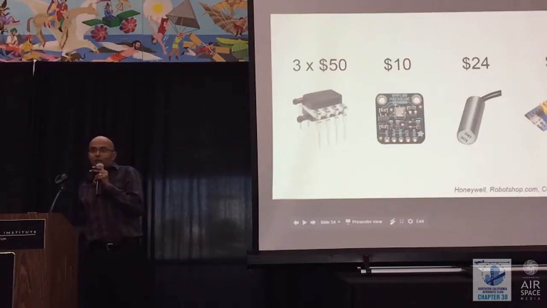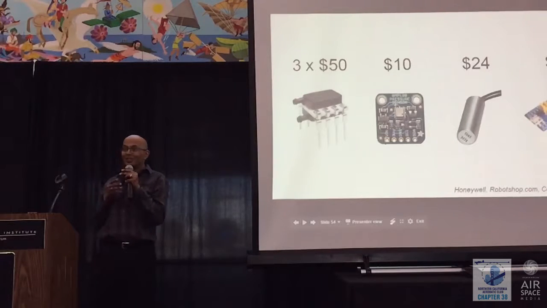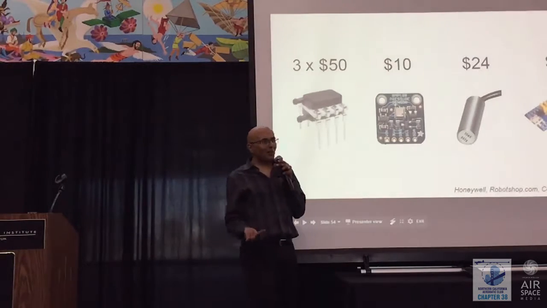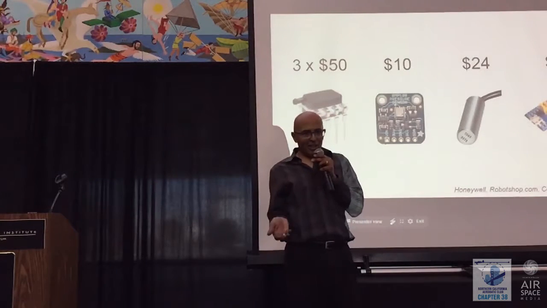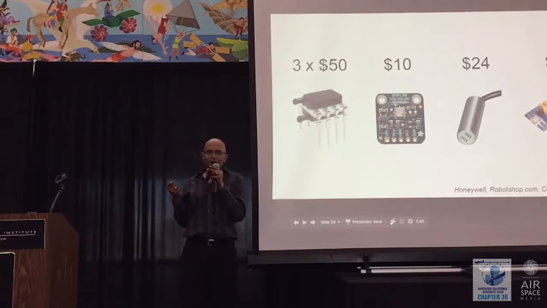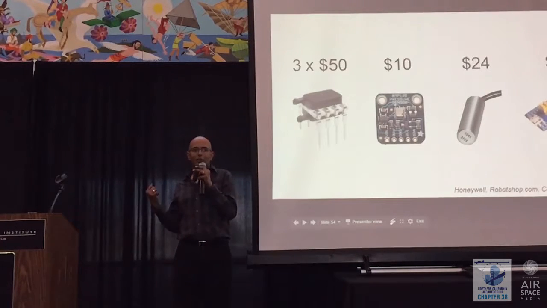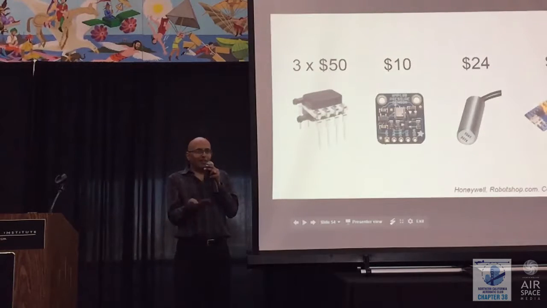We may eat our words, because aviation is a very unforgiving environment, and we will find out the ways in which our cheap solutions are inadequate. But one thing to think about as well is a lot of avionics are built targeting the most difficult case. Like, they're usually built to be ice resistant, they're built to be damage resistant, etc. Not everybody in the world needs all that fancy zoot.